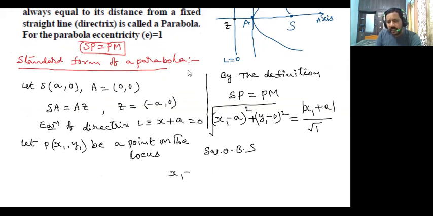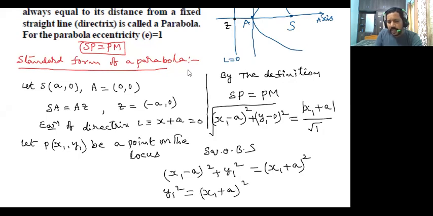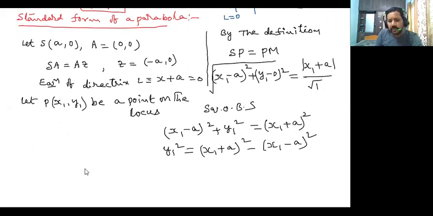Now apply the squaring on both sides. We get (x1 minus a) whole square plus y1 square equal to (x1 plus a) whole square. Now y1 square is equal to (x1 plus a) whole square minus (x1 minus a) whole square, sending the left hand side term to the right hand side. Observe that this is in the form of (a plus b) whole square minus (a minus b) whole square. What is the formula? 4ab.